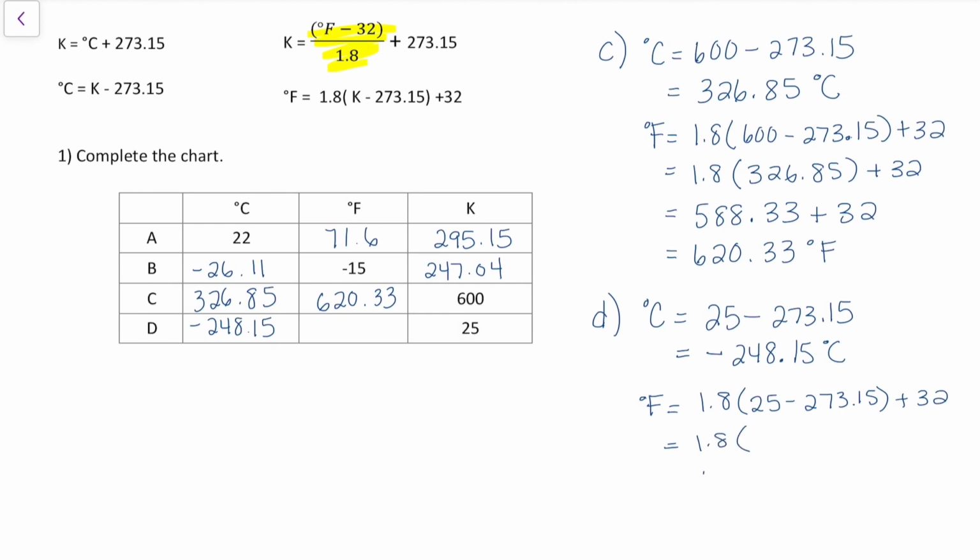So 25 minus 273.15. I'm going to multiply that by 1.8, and add 32. And I get negative 414.67 degrees Fahrenheit. So very, very cold.